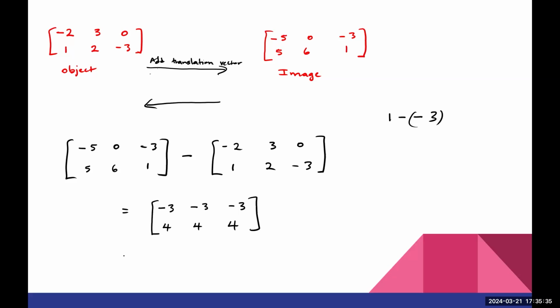So we can simplify this and, because it asked us for a translation vector, write it as -3 and 4. And this would be our T, and we get our marks and be on our way.